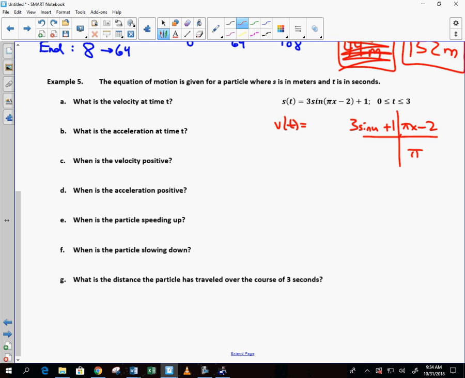Pi. What is the derivative of 3 sine of u plus 1? 3 cosine of u. So therefore, our velocity function is 3 pi cosine of pi x minus 2.